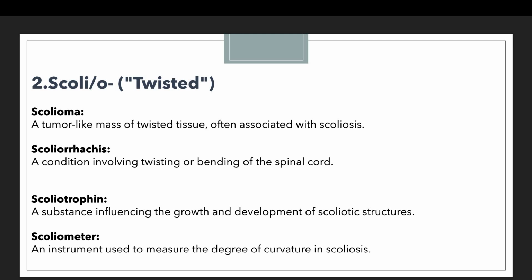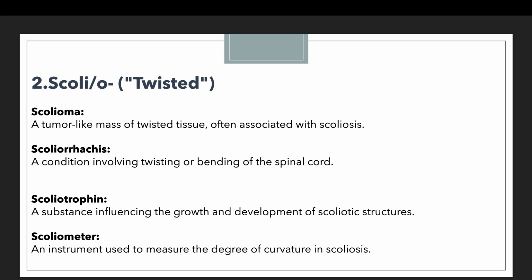Then we have scoliometer. By the name you can easily identify it is used for measurement purposes, right? Now what is the scoliometer? An instrument used to measure the degree of curvature in scoliosis.